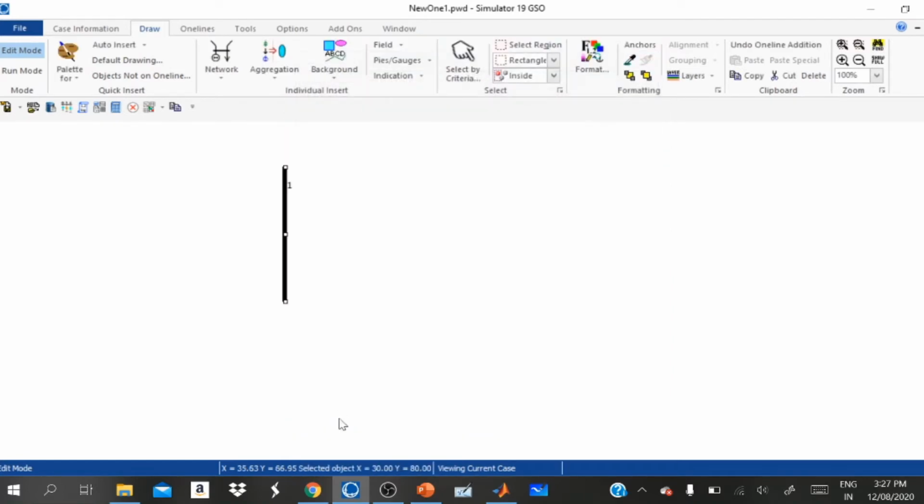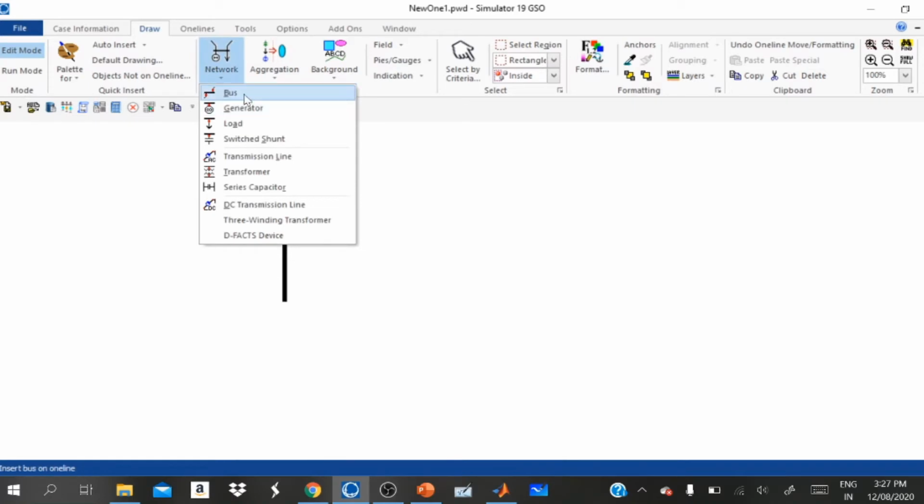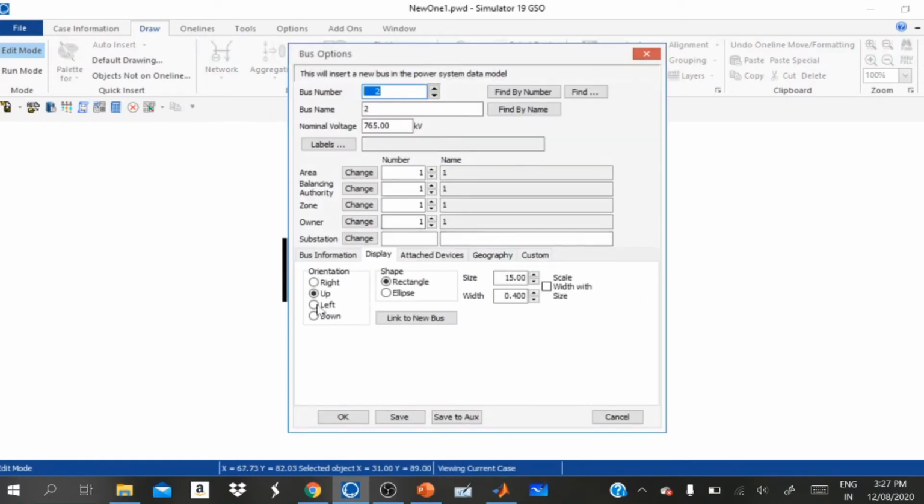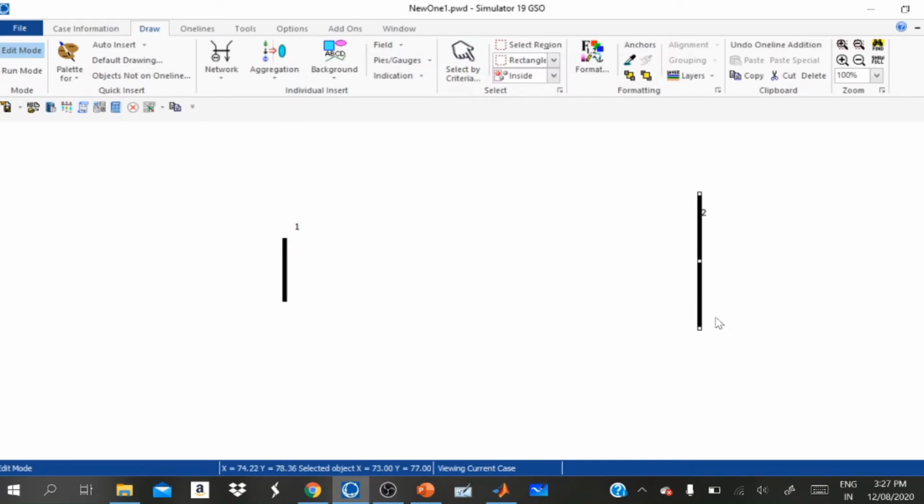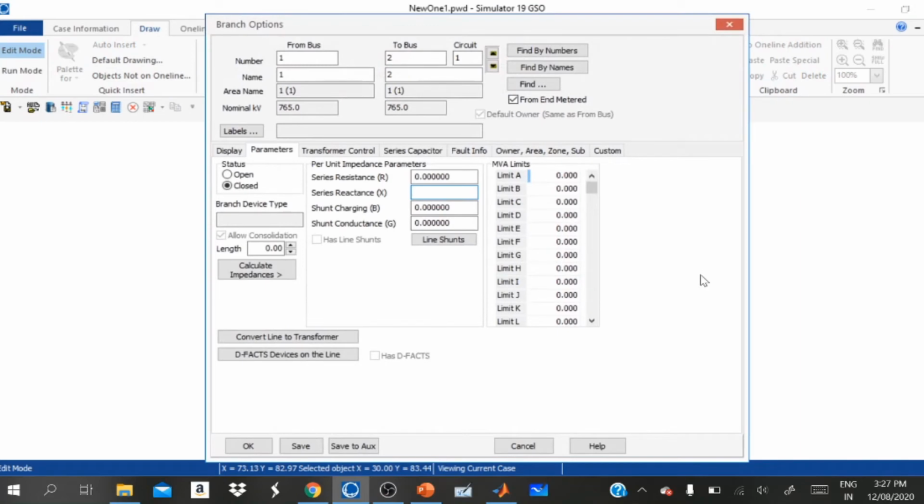One is at the generator end, the other one is at the load end. Both are connected by means of a long transmission line. The length of the transmission line is 300 kilometer. It is a lossy transmission line.